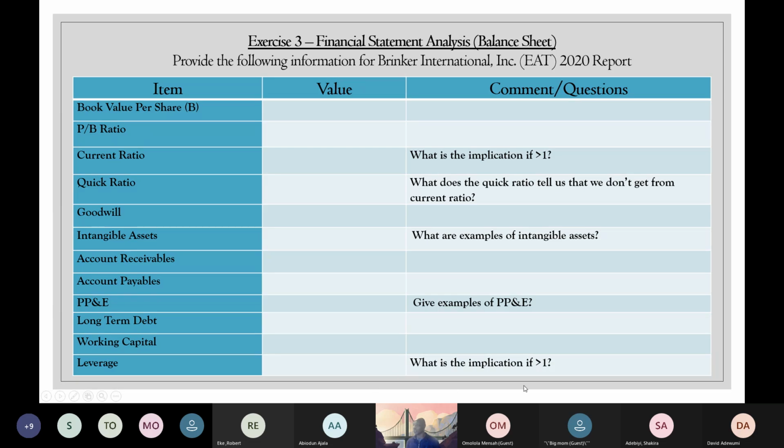And we already answered that question tonight. Give examples of PP&E. And what are examples of intangible assets? We have answered all of that in one sense or the other tonight. But just to practice and to remind ourselves, that will be our assignment for balance sheet for tonight.